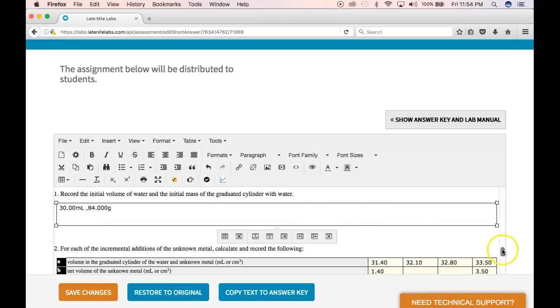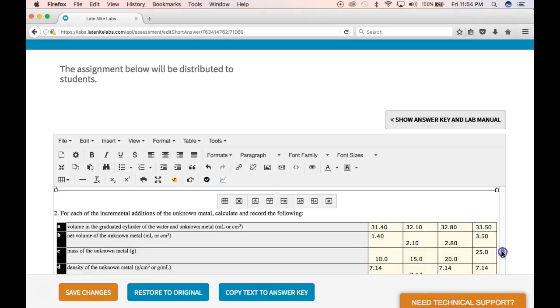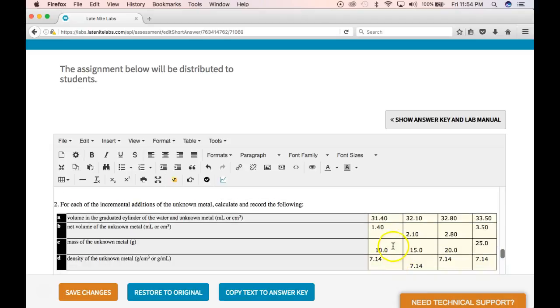And then what you're going to do is add that unknown metal. Now they don't have that spot for 5 grams, they're going directly into 10. So 10 grams of the metal, and that volume went up to 31.40.